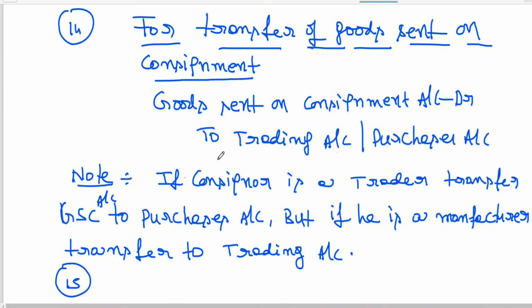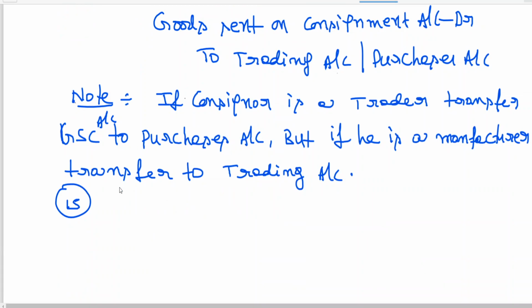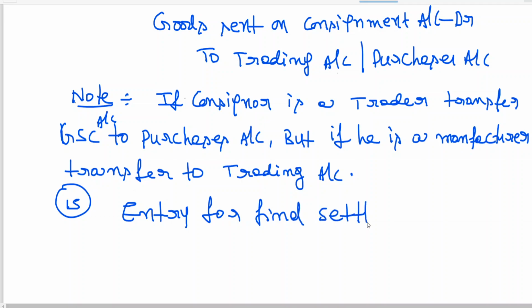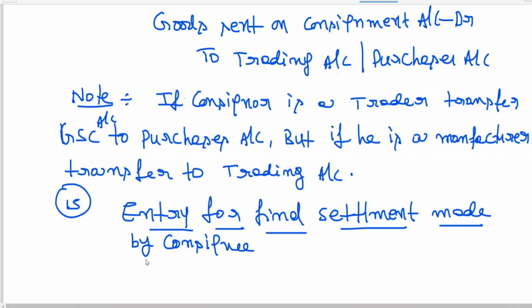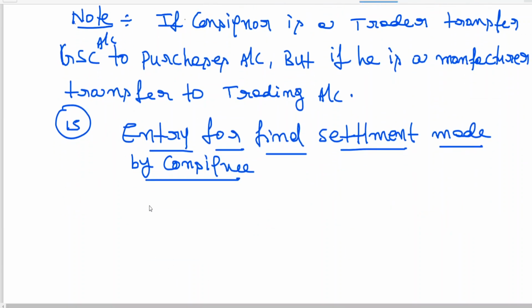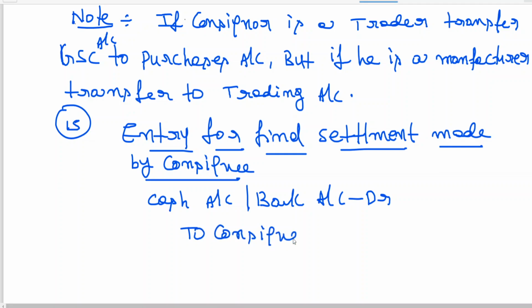If he is making the amount for final settlement, we should write the entry for final settlement made by consignee: cash account or bank account debit, or debtor, to consignee account. That's it. Then with that, the consignee account is also closed.